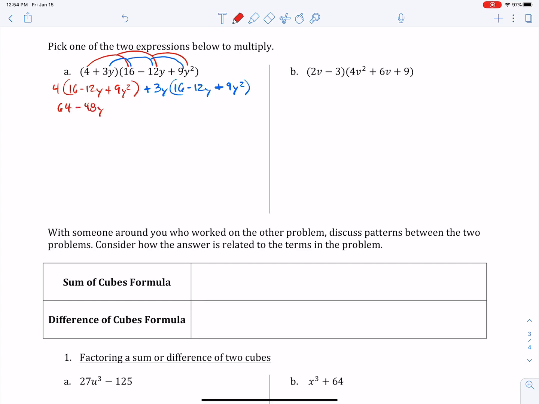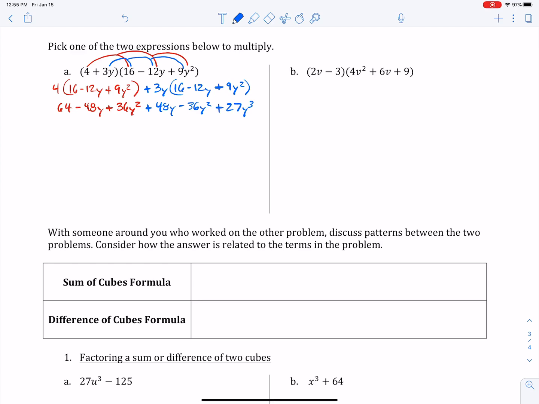And then 4 times 9y squared is plus 36y squared. 3y times 16 is plus 48y. 3y times negative 12y gives me negative 36y squared. I was jumping ahead in my thinking. 3y times 9y squared gives me a positive 27y cubed.